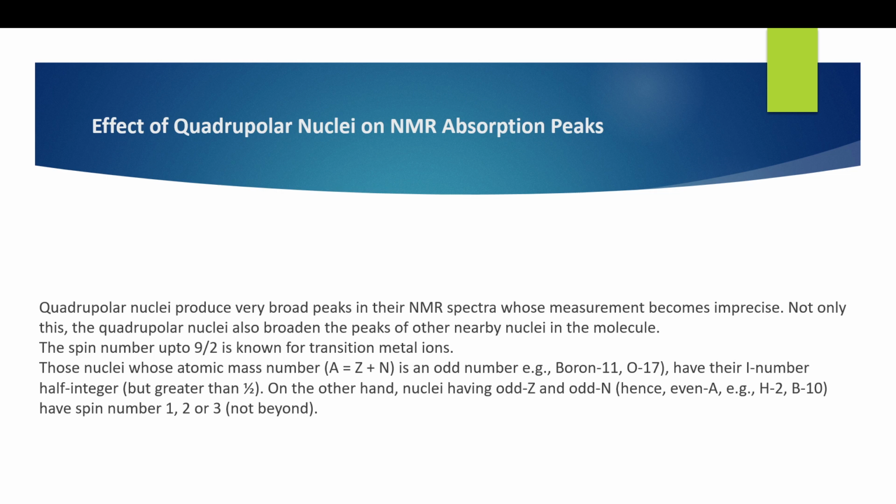Those nuclei which have spin more than half are called quadrupolar because their nuclear charge is so distributed that four poles are created. Their NMR spectra are broad, not well resolved. Presence of a quadrupolar nucleus also destroys the spectra of other nuclei by causing a broadening effect. However, quadrupolar nuclei are studied by a technique known as nuclear quadrupole resonance.